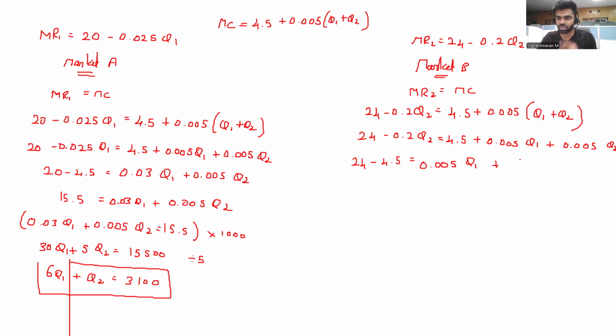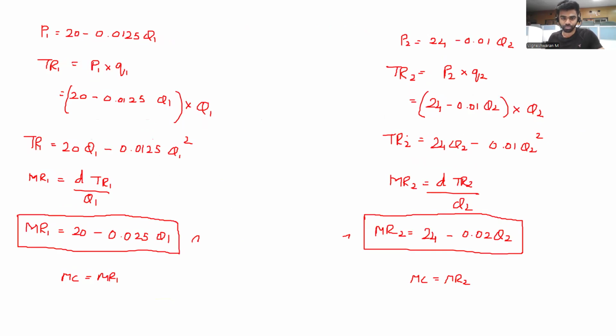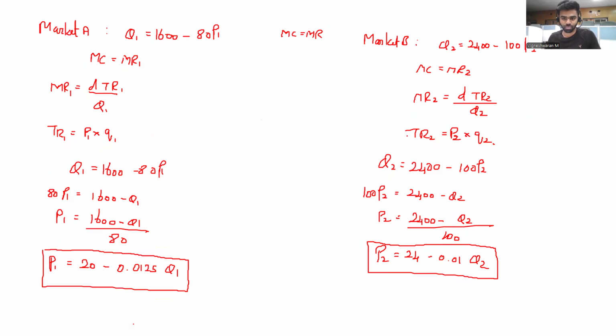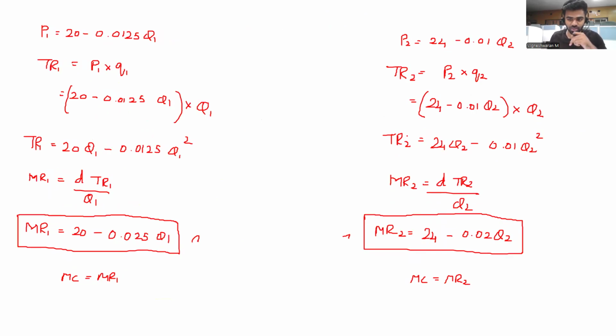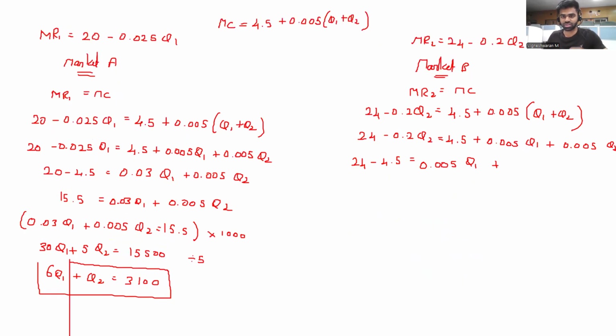Just a minute, there is a small error here. It is 0.02, so I am writing that is MR2. Okay, so I have written MR2, it is 0.02. Okay, it's not 0.2, it is 0.02.